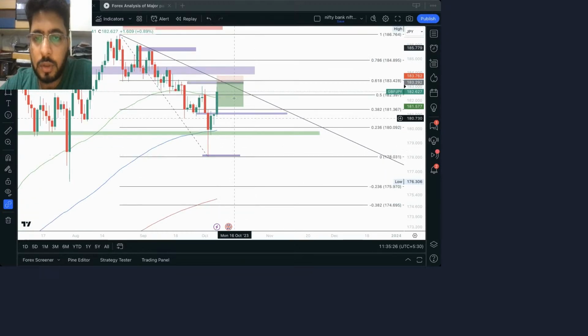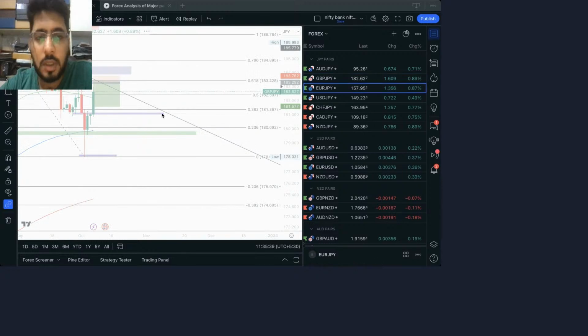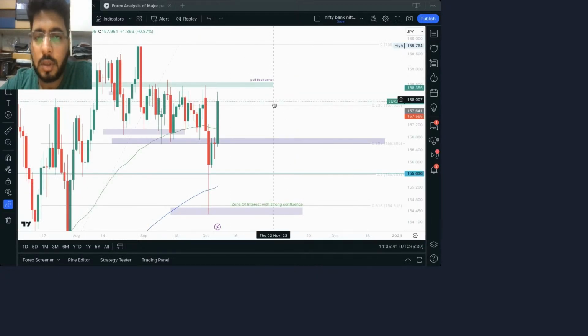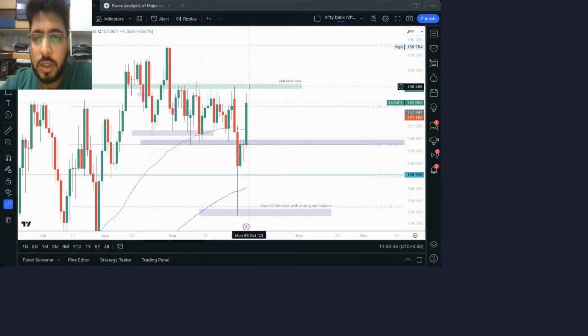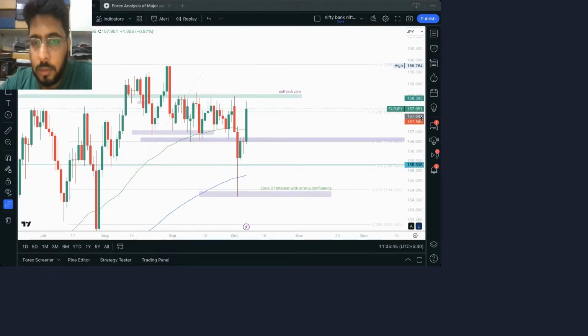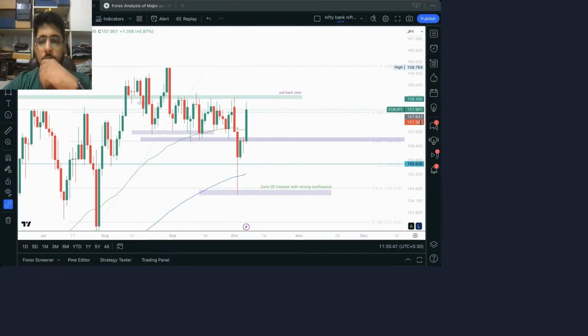Another is this, so it's very far from here. We might not see this in the coming week, but this is definitely a trade-taking zone. And EJ is aligning with GJ at this zone. I've mentioned earlier, it's a pullback zone.